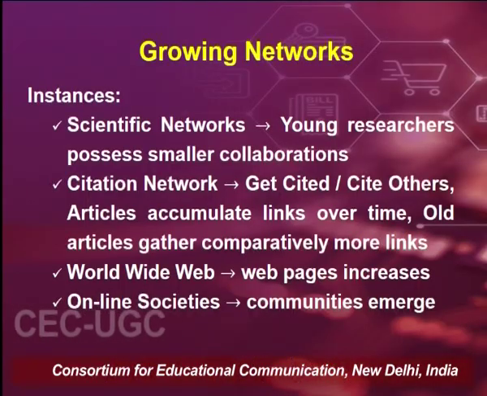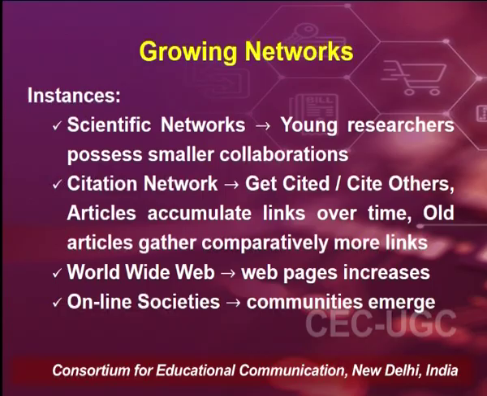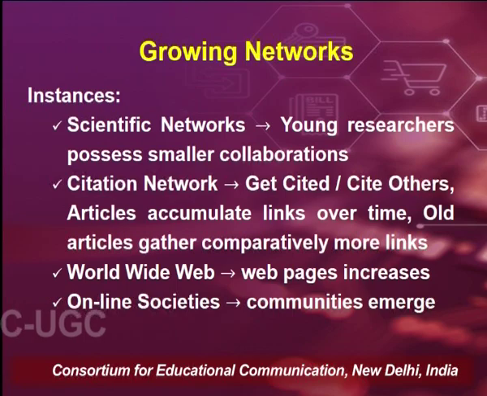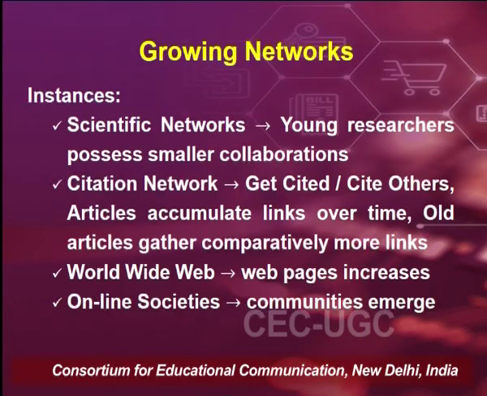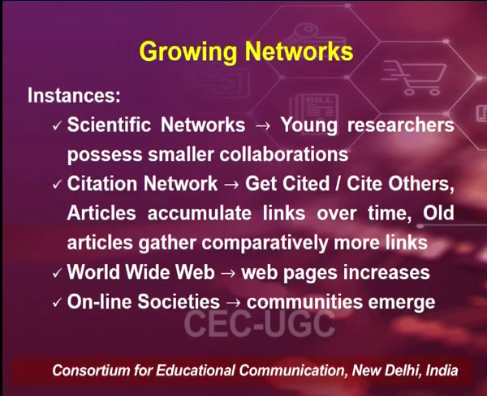Some of the instances could be scientific networks, citation networks, web pages that connect to each other, and also online societies and online blogs. Everything on which people participate online forms a kind of social graph and has certain social interactions.